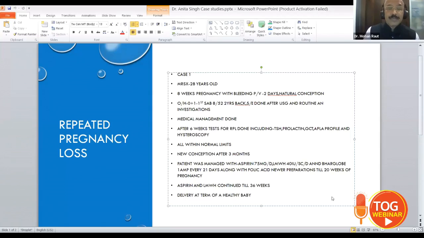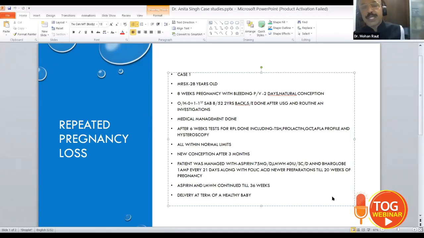So the first case I would like to start with is a patient who was 28-year-old and 8 weeks pregnant with bleeding PV for 2 days, natural conception. Obstetric history: she had a first spontaneous abortion 2 years back.